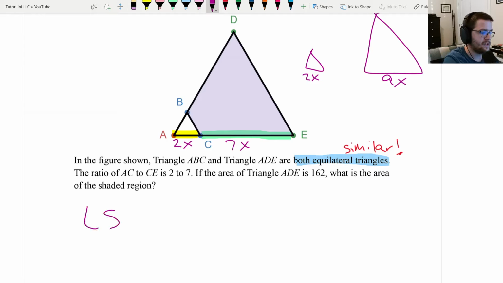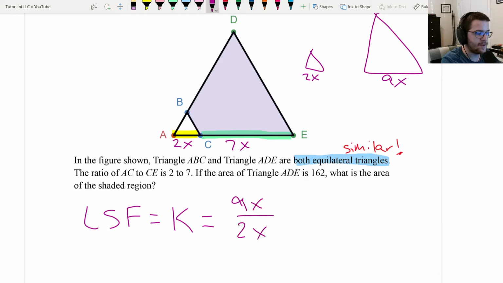So the length scale factor, which we call k, we can do big over small, so 9x over 2x. Most people would have done 7 over 2 and gotten it wrong. 9 over 2, I'll just keep it as a decimal because there's no reason for me not to if it comes out nicely. So the linear scale factor is 4.5.